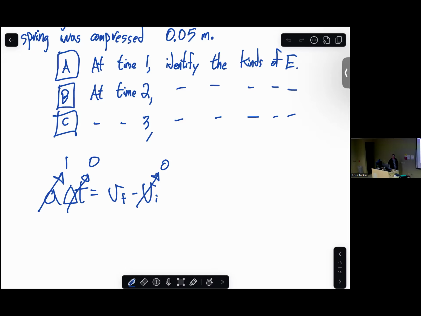Google question N. What can you conclude equals 0 based on this reasoning? What form of energy must be 0 based on what I was just saying?